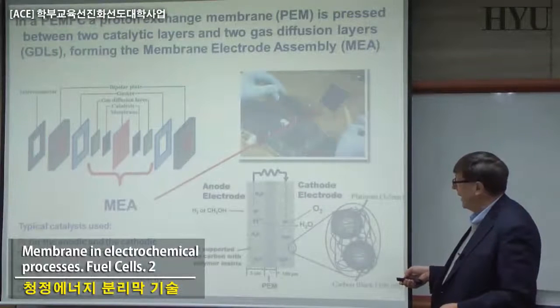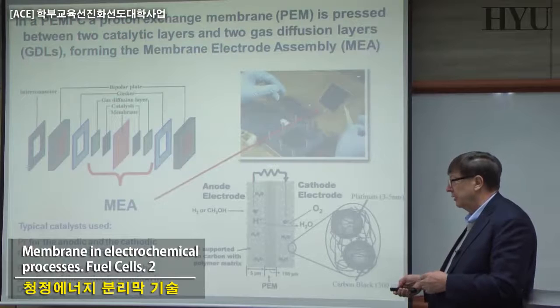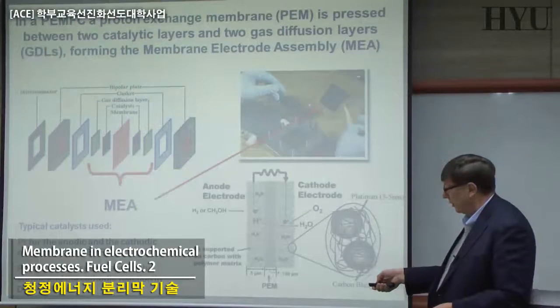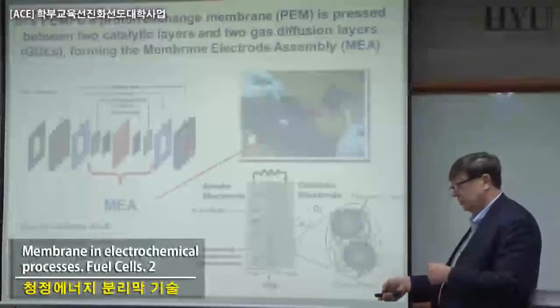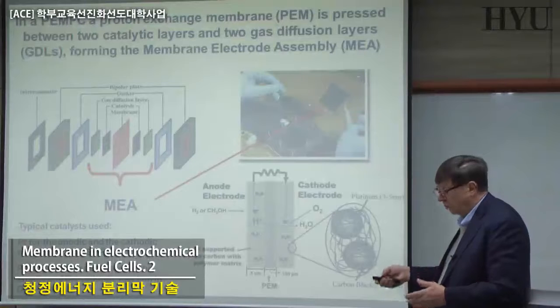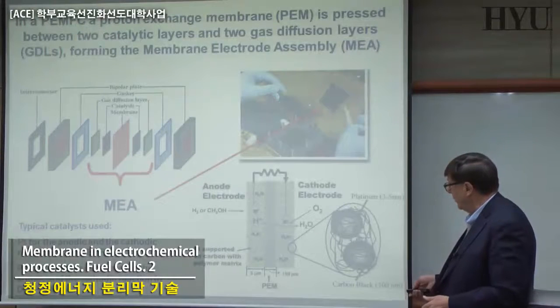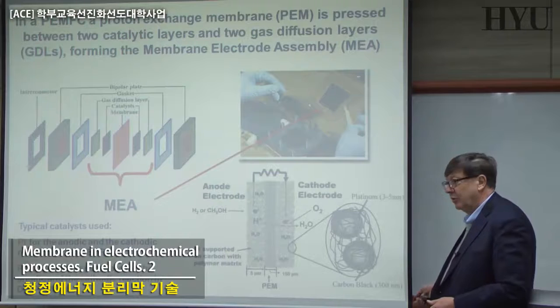This MEA is nothing more than platinum for the anodic reaction, and for the cathodic, you have this platinum mixed normally with ruthenium, but it can be some other kind of system. And the way of doing that, you support everything on some carbon black, having at the end about 300 nanometers.